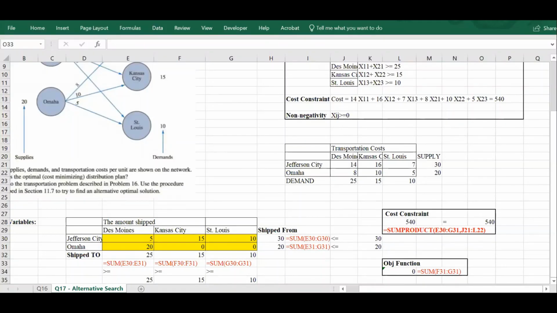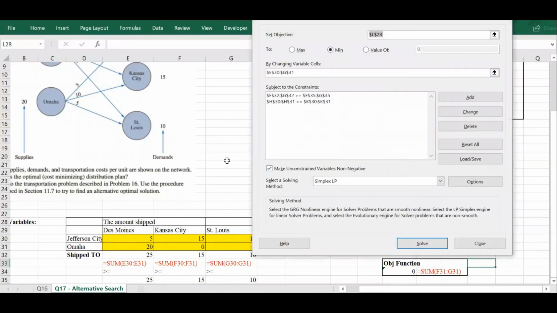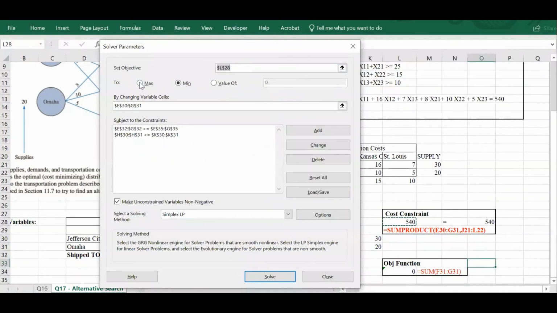Now that I have the objective function, I can go to the data tab, call the solver, and solve the alternative search model. This time we want to maximize the new objective function. Decision variables are the same.